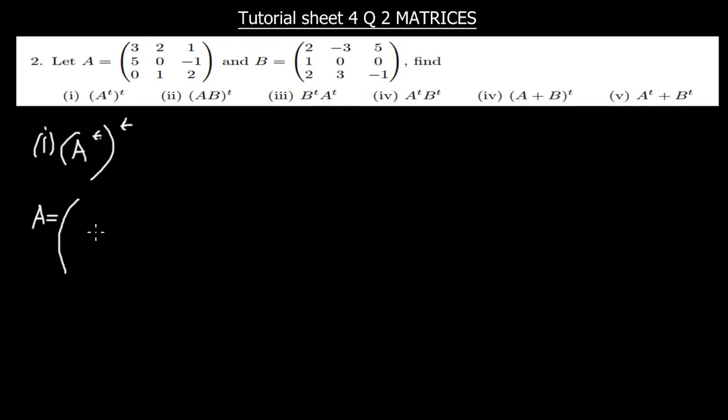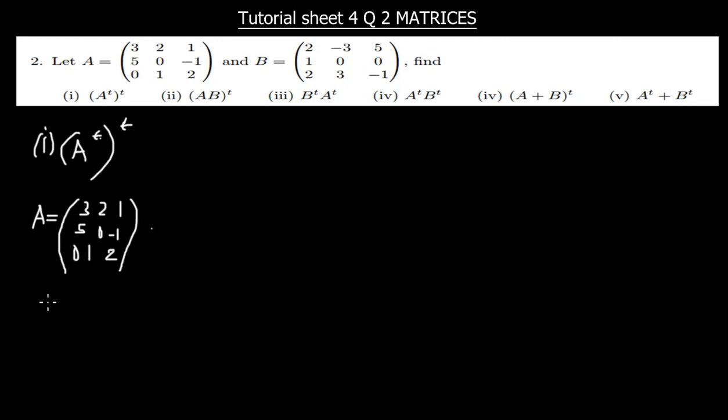A is equal to 3, 2, 1, then -1, 0, 5, then 0, 1, 2. So 3, 2, 1, 5, 0, -1, 0, 1, 2. So this is A.